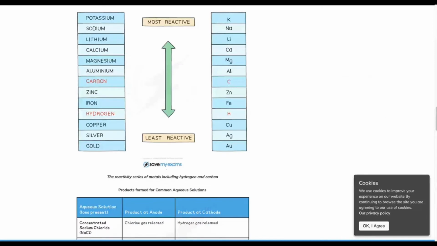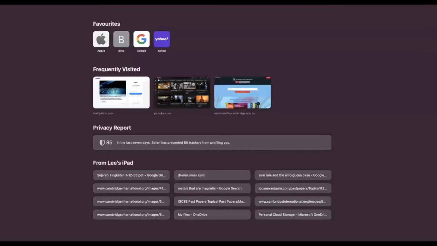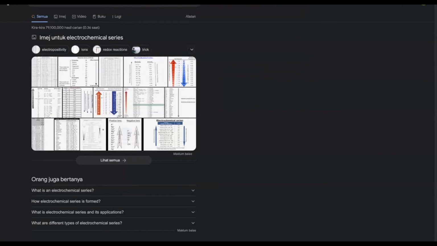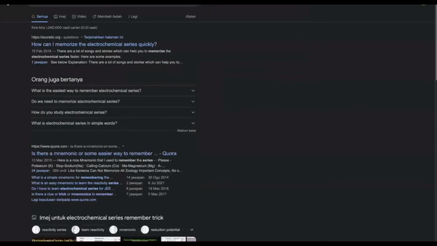Let's see another thing. Electrochemical series. Remember trick. Okay, let's see the image.